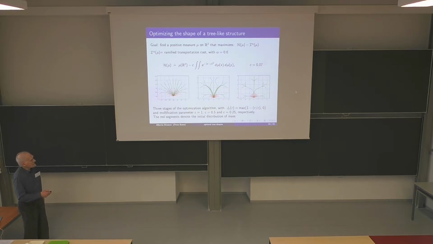So these are three stages of the optimization algorithm. So we start with a distribution where all the branches are these segments. And then after one iteration, for epsilon equal to 1, we get these ones like that. Okay? Epsilon equal to 1 means that you get a big discount even if they are at a distance 1 from each other.